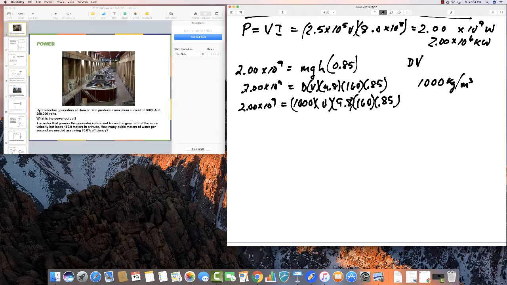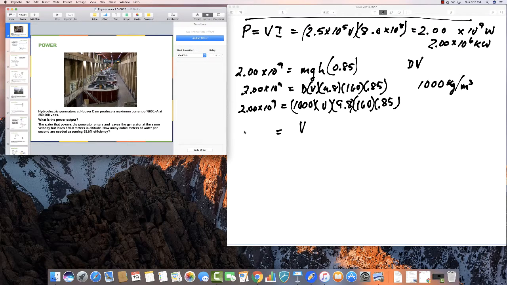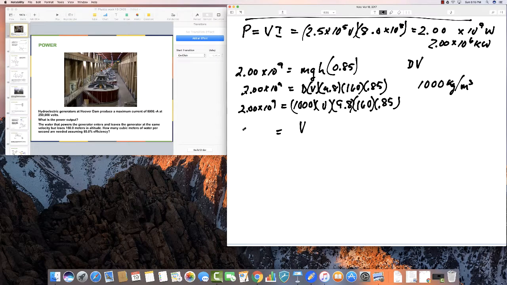If you calculate V here, it equals 1.58 times 10 to the 3rd cubic meters per second.